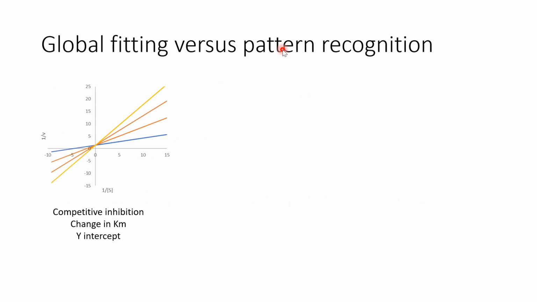So what that looks like, this would be a representation of competitive inhibition, where you can see there's an intercept on the y-axis. This represents no change in your maximum velocity, and the change in the Km is represented by the intercepts on the x-axis changing.